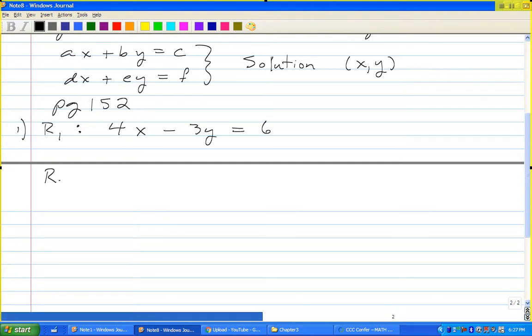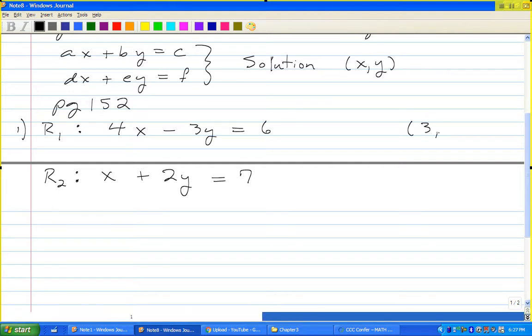And I have the second equation, let's call it R2, x plus 2y equals 7. And suppose I have the ordered pair (3, 2). In exercises 1 through 18, identify whether the indicated ordered pair is a solution to the given system.